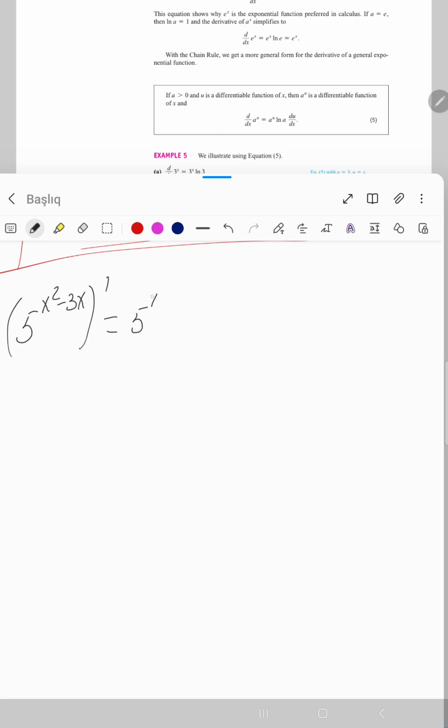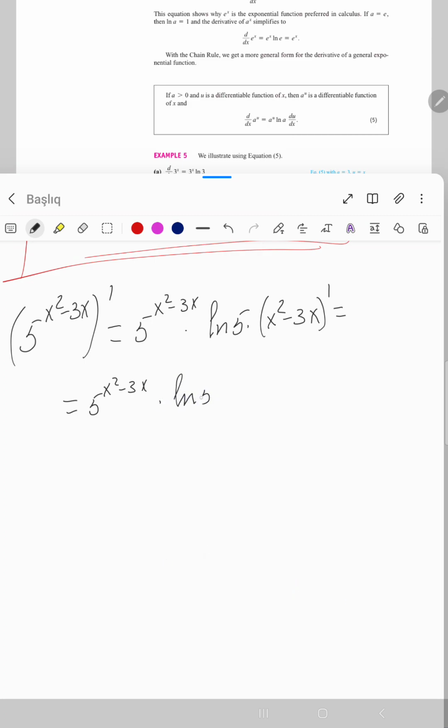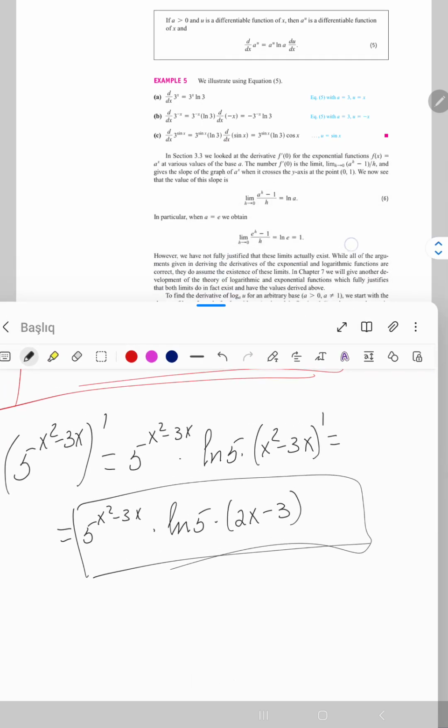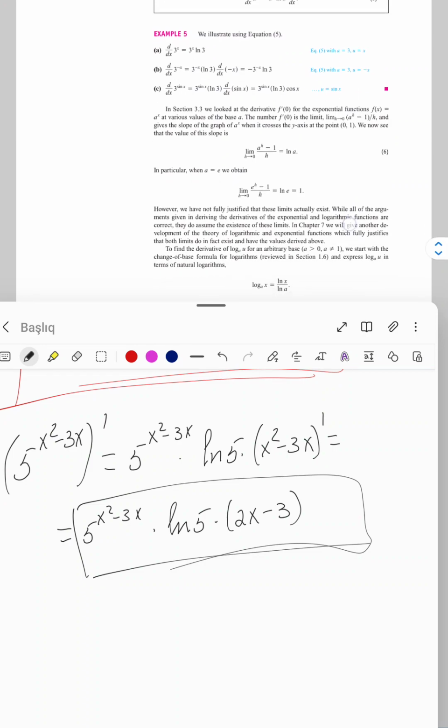You will write 5 to the power of x squared minus 3x times ln 5 times the derivative of x squared minus 3x, times ln 5 times 2x minus 3. And here is your answer. It's not difficult. Not that much difficult.